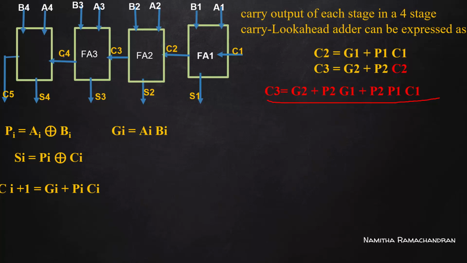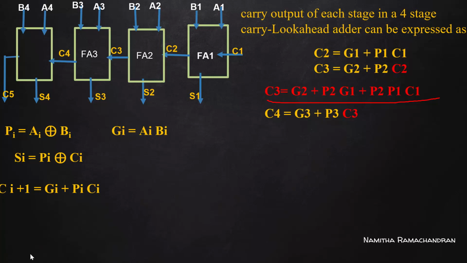And what about the C4? The direct expression in terms of C3 is C4 equals G3 plus P3 C3. Now this C3 can be replaced using the derived expression.